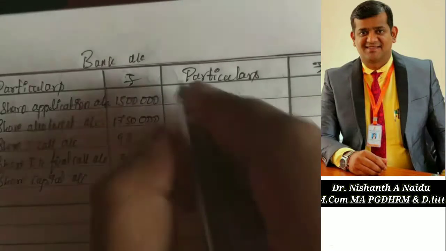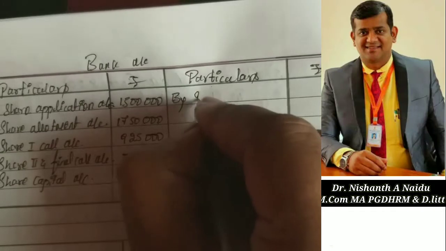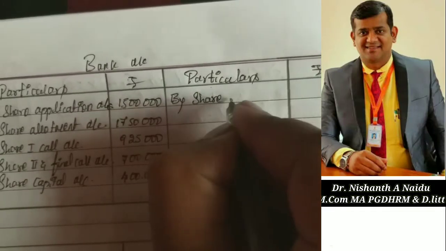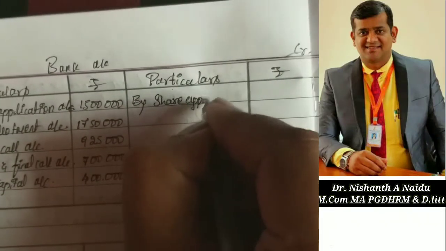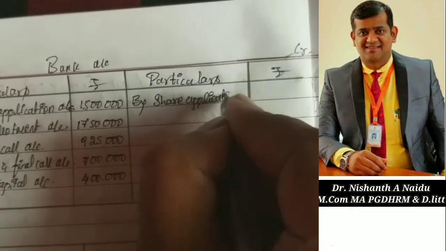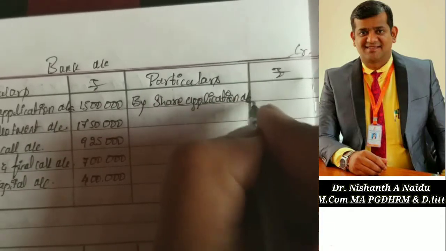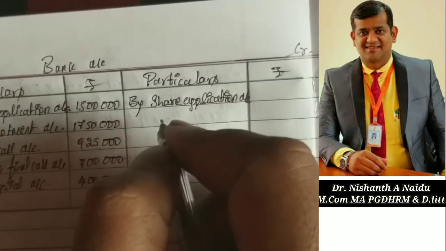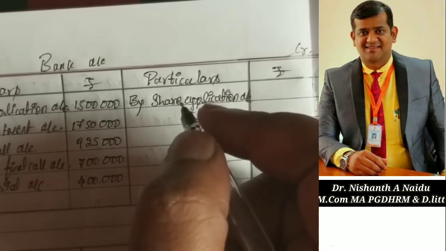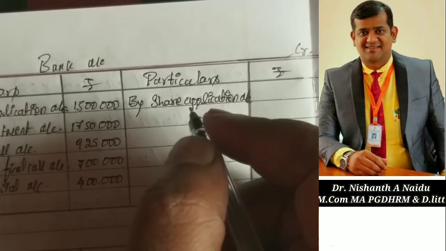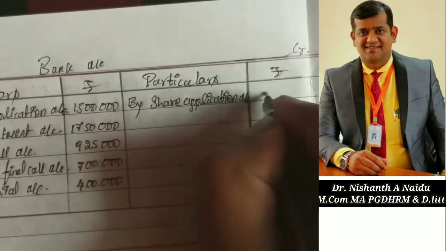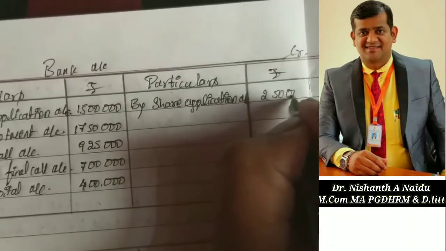That's all right. So here by share application, because there is a rejection and a refund, how much application has been rejected and refunded, that value we have to mention here. If you look at the second entry, to bank account how much you have written, 2 lakh 50,000.